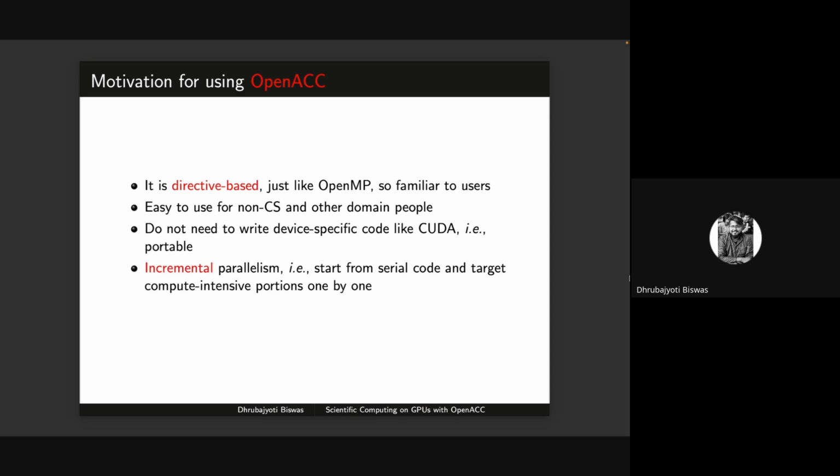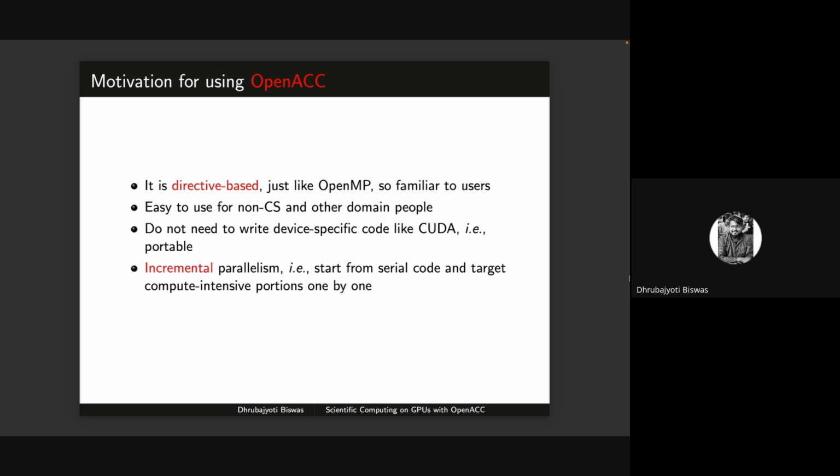And it gives what is called incremental parallelism. What does that mean? It means that we start from a serial code. Let's say you have some serial code ready. You are solving some problem in your PhD or whatever you are doing, and you have written a code which is not parallel. And you have to now convert it so that it runs using GPUs and multi-core CPUs.